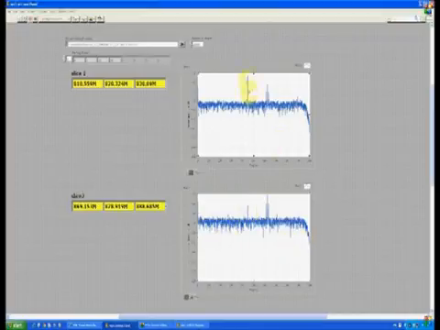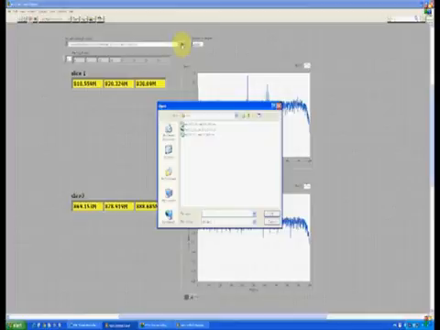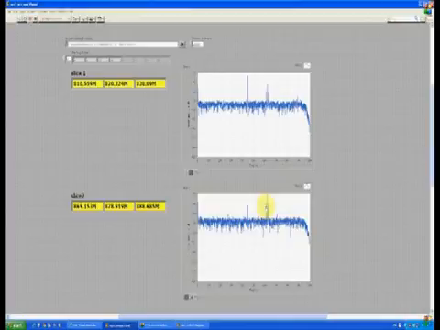You can see here that here's a sine frequency, and on this side we have here the AM frequency. If I change the input file, I can also change the number of samples I will take from the file.